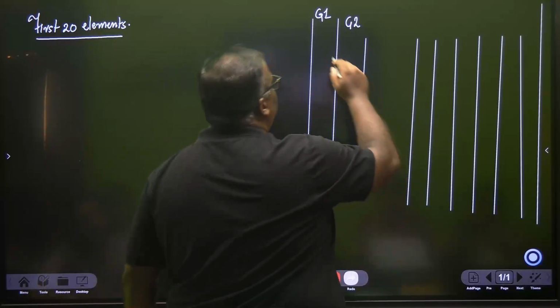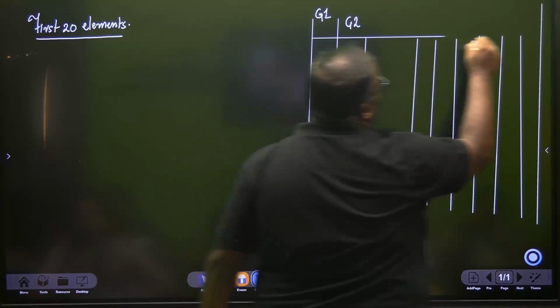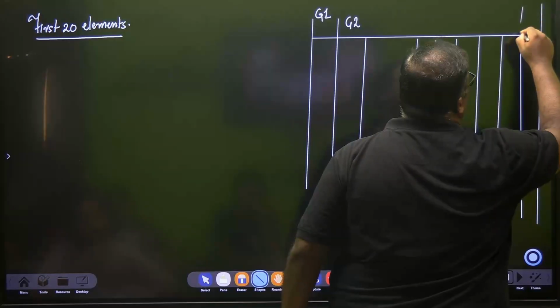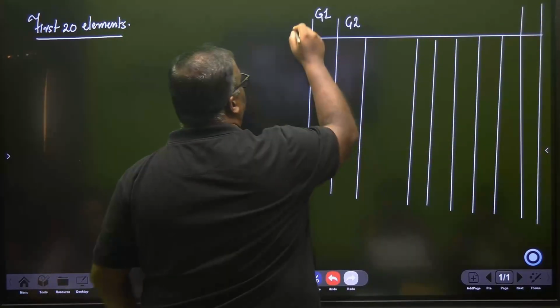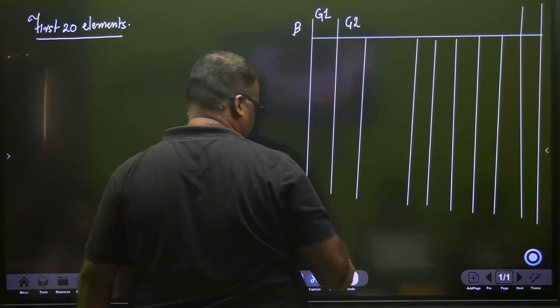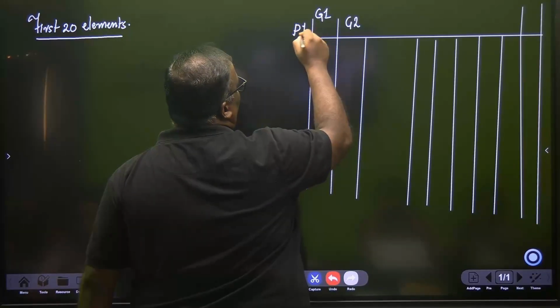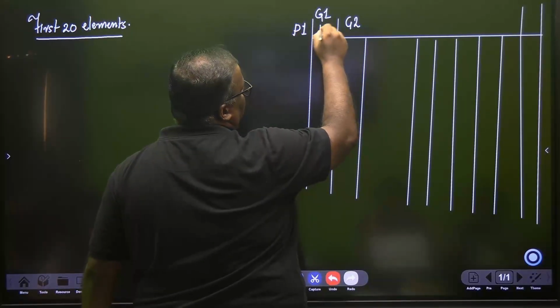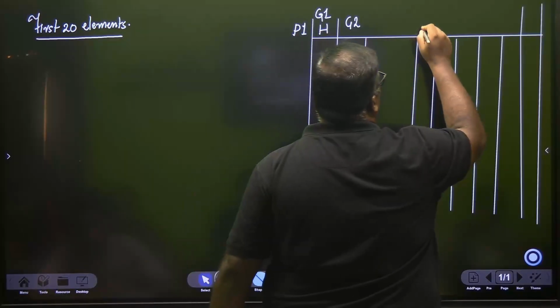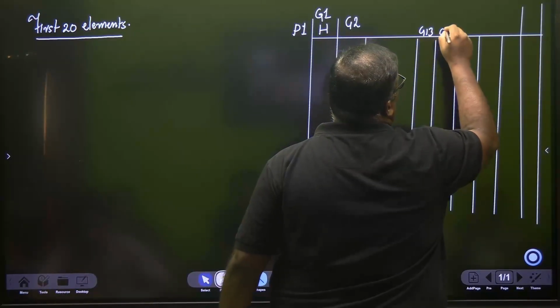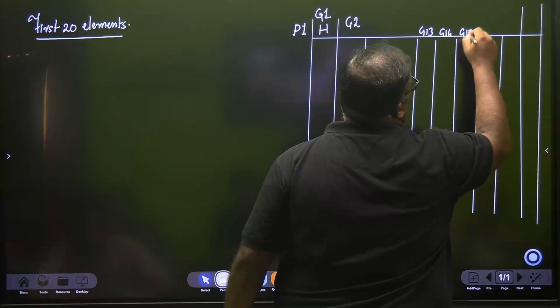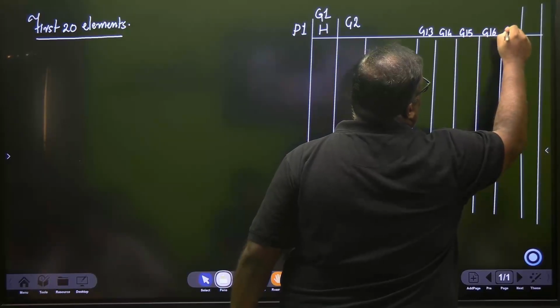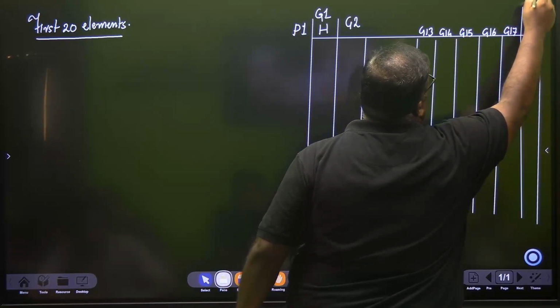First, we have period 1. Periods are the horizontal rows. My first element comes here, hydrogen, and so this is G13, G14, G15, G16, G17, G18.